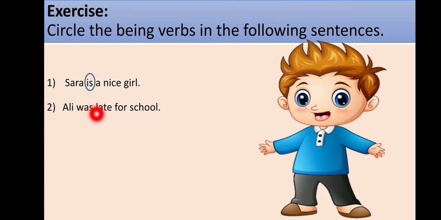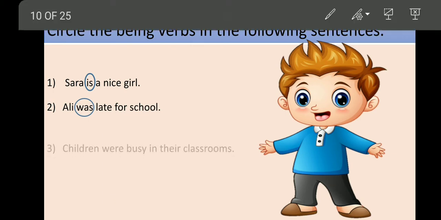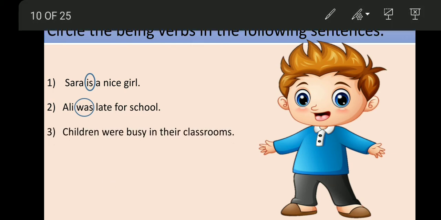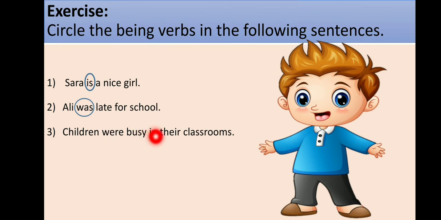Ali was late for school. What is being verb here? Was. Children were busy in their classrooms. What is being verb here?